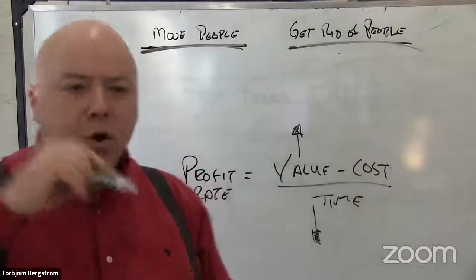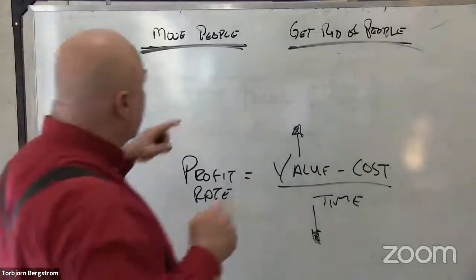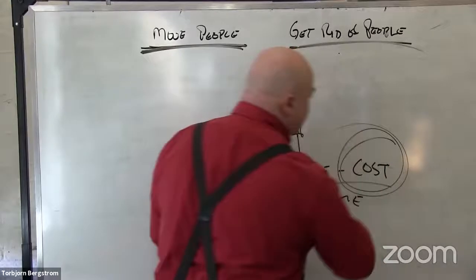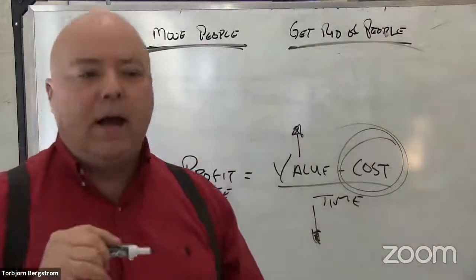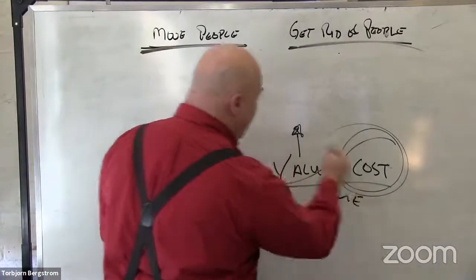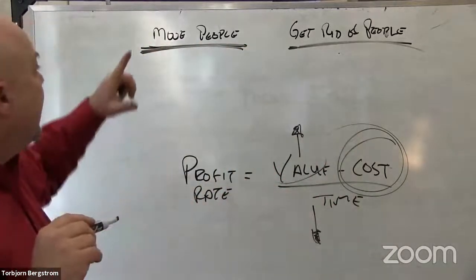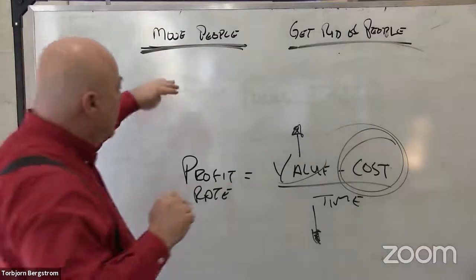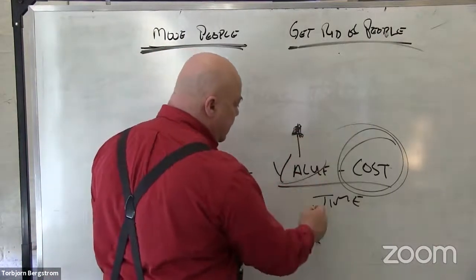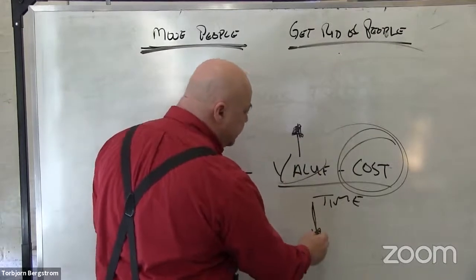If I'm getting rid of people, I'm only focused on cost, and I often have lost sight of value and time long term. If I'm moving people, I'm thinking about increasing value or making time go down.